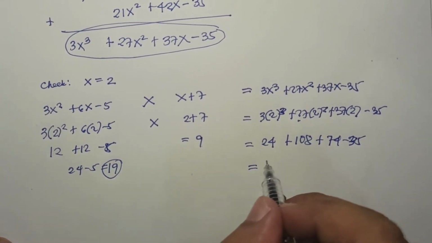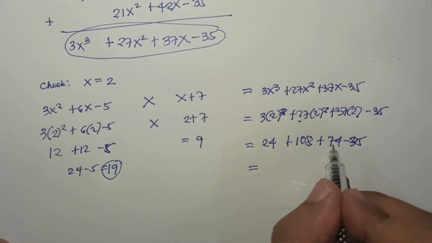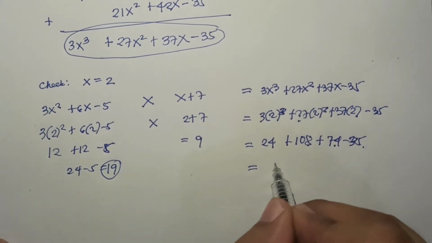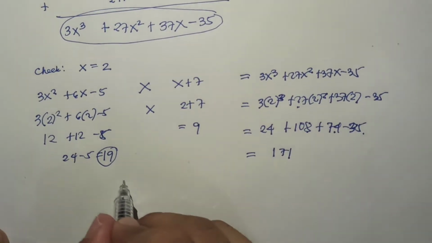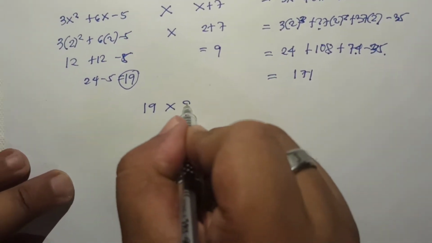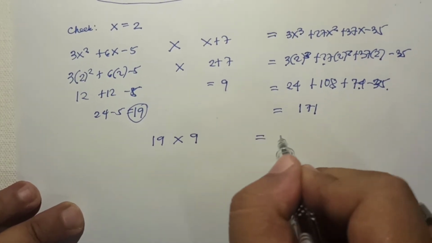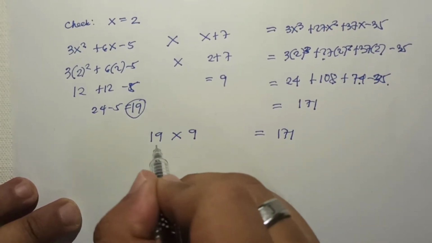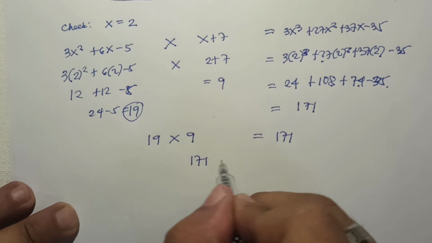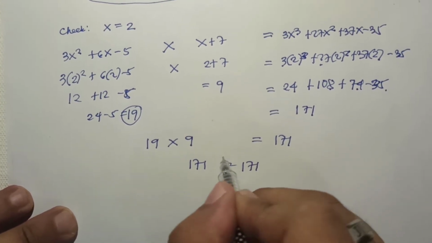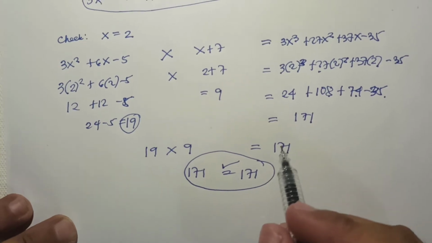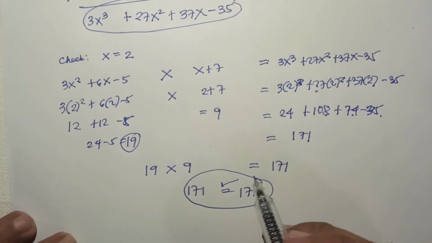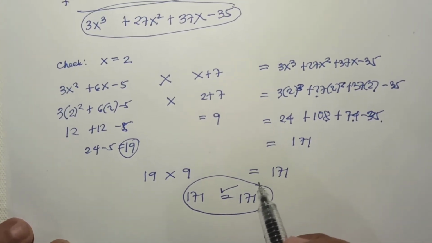So we have 24 plus 108 plus 74 minus 35, that is equal to 171. Therefore, 19 times 9 is equal to 171. So 171 is equal to 171, and your answer is correct, based on the checking when you assign x equal to 2.